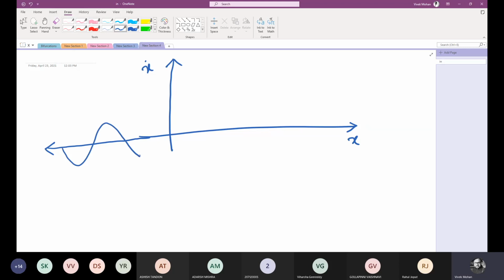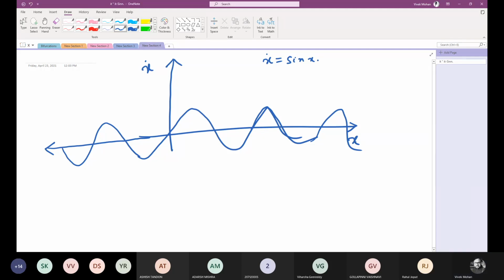I am getting something like this. Okay, oh, sorry. Okay, so this is my sin x, and you know that our function is x dot equals sin x, right? And this is x. Now we'll see. This is a graphical analysis of x dot equals sin x, and we think of t as time. So this is x dot and this is x, but x is actually x of t.